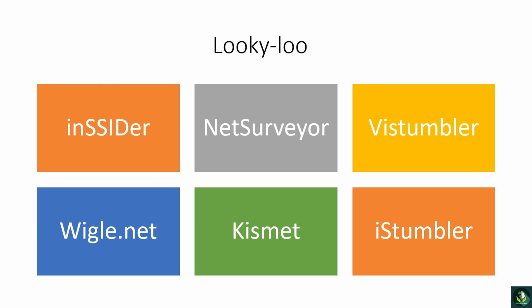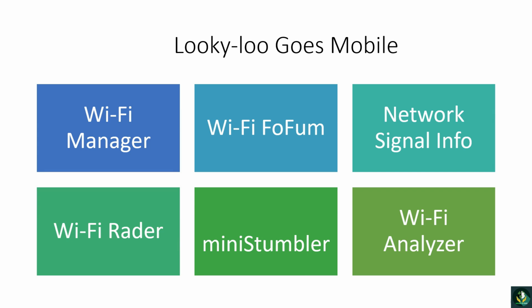And speaking of mobile, we have a couple of different products both on the Android side and on the Apple side as well. So we have a Wi-Fi manager as well as a Wi-Fi finder. There is also Network Signal Info.